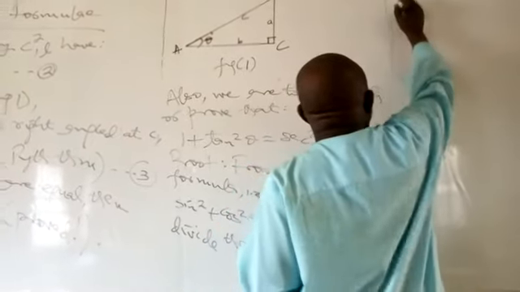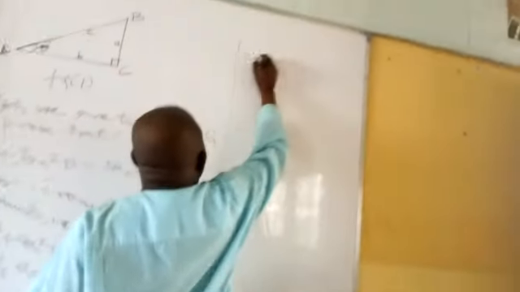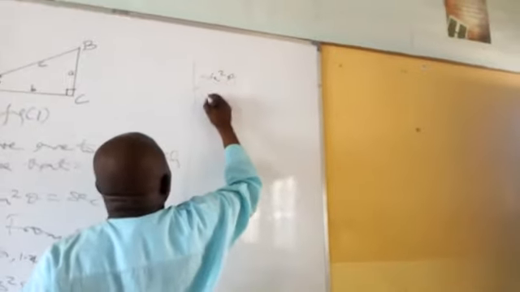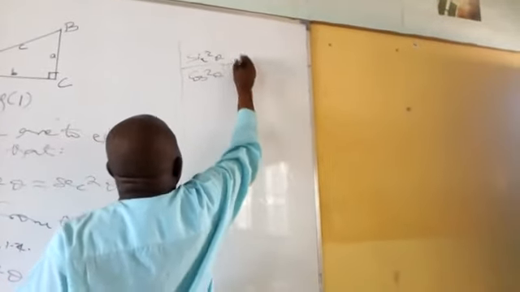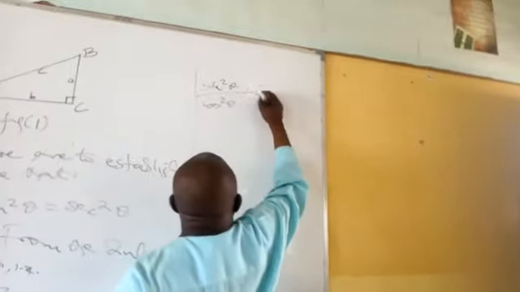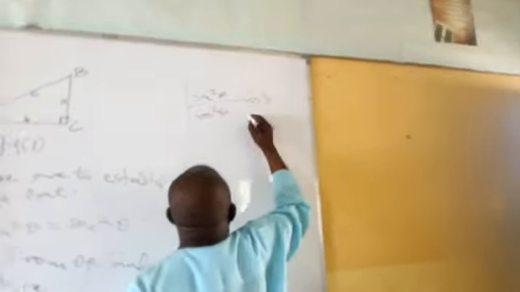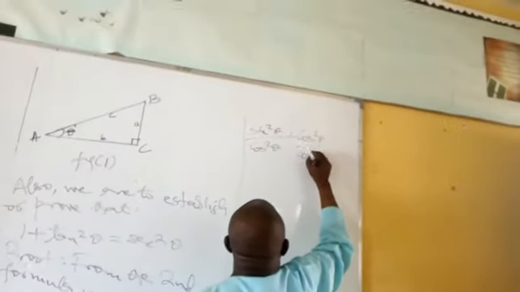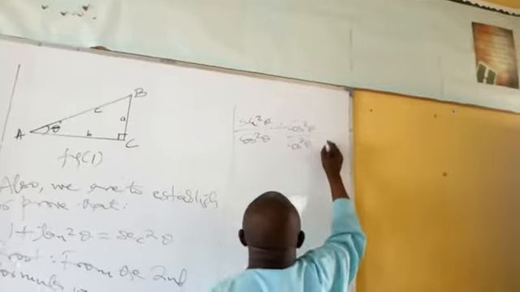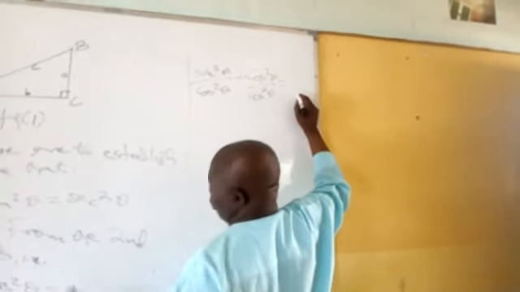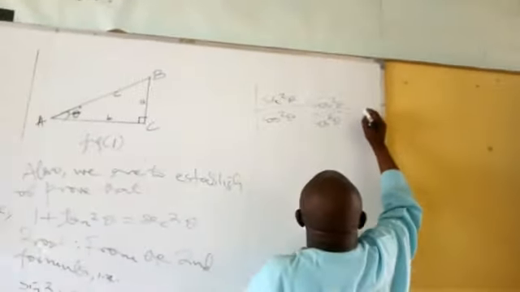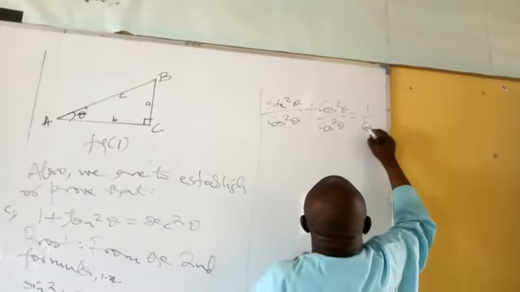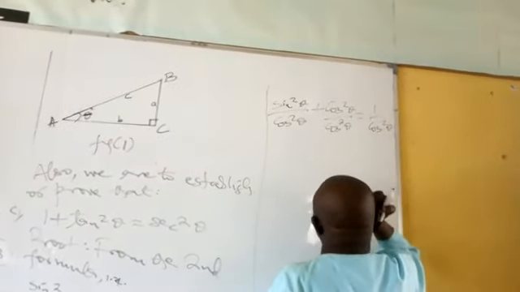So I'm going to have sine square theta over cos square theta plus cos square theta over cos square theta is equal to 1 over cos square theta.